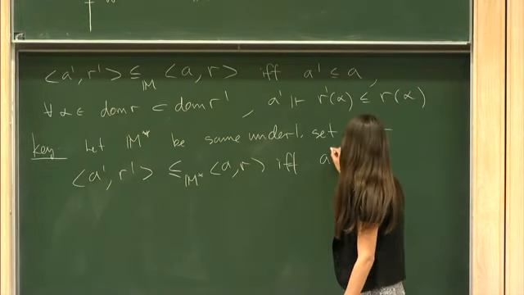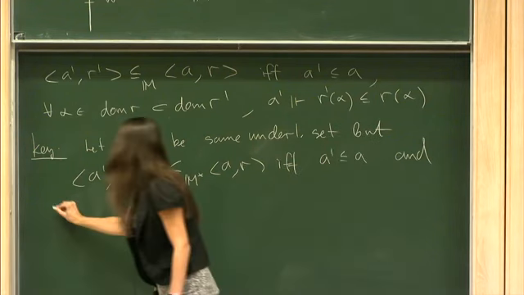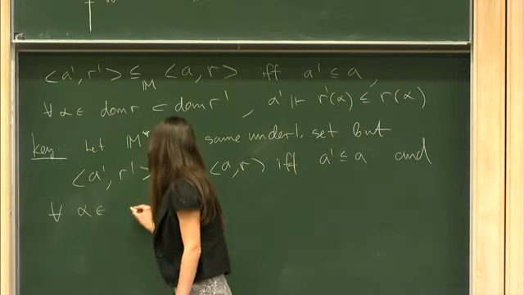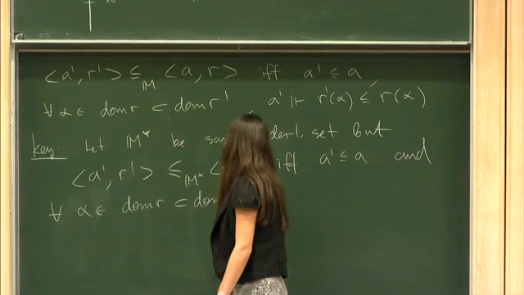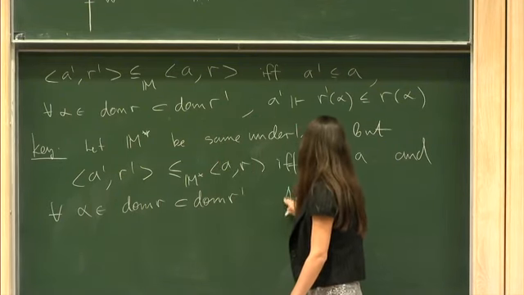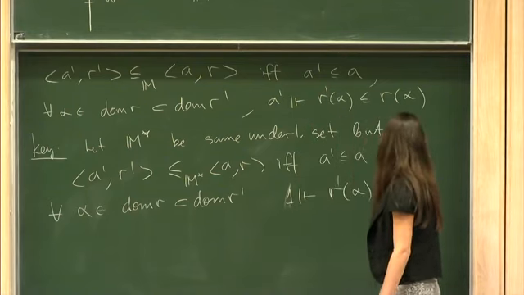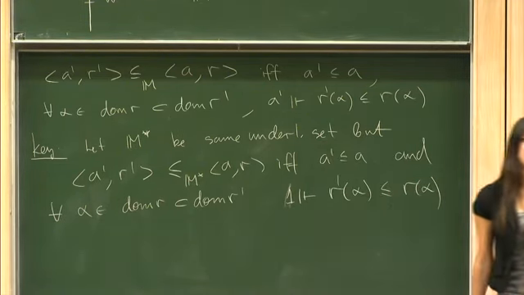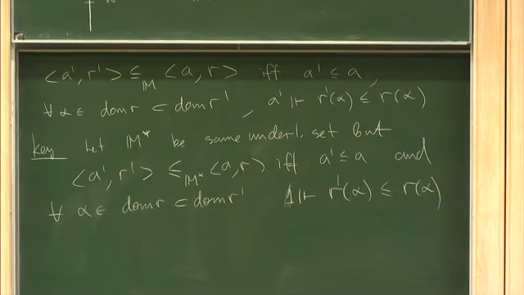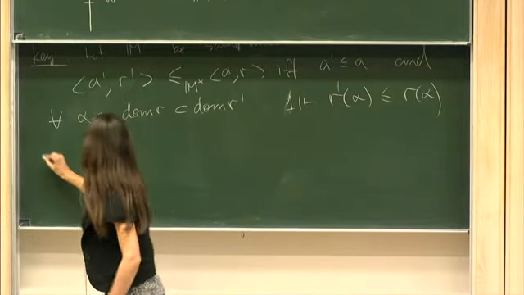So if A' is less than or equal to A, and for every alpha in the domain of R, which is a subset of the domain of R', it's forced by the trivial condition that R'(alpha) is stronger than R(alpha). Okay. So by removing this interaction, this poset M star now can be presented as, I'll just write it and then I'll pull the board up.